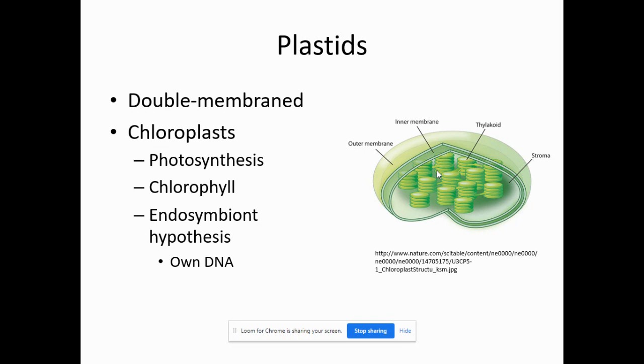Now, scientists also think the same way cells evolved to have mitochondria, they also theorize the same endosymbiont hypothesis for chloroplasts, because, again, chloroplasts have their own DNA.